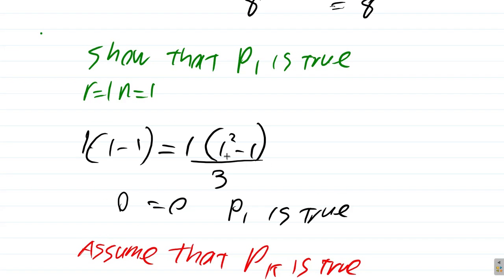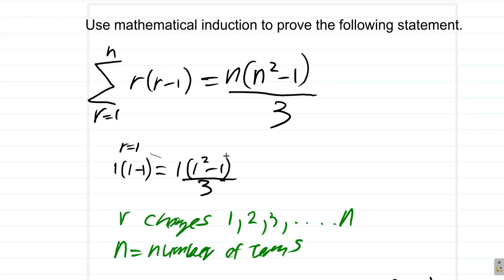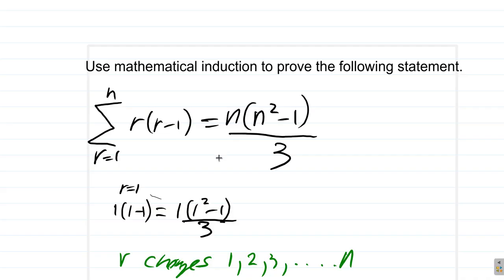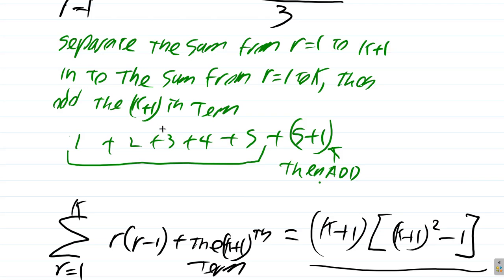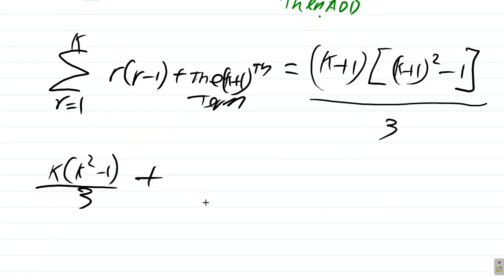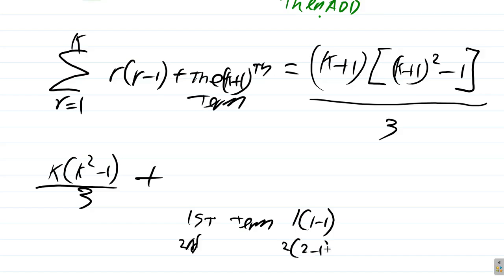Alright, we're going to have to think about that. What is the k plus 1th term? You see, the first term is when r is 1, so you have 1 minus 1. The second term is when r is 2, so you have 2 minus 1.